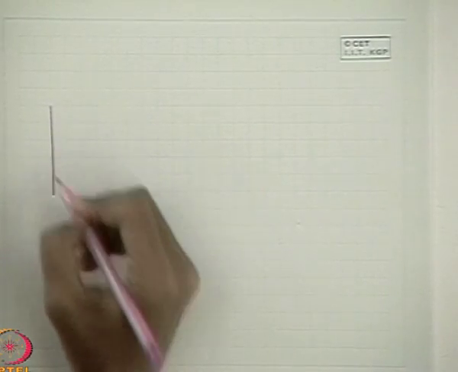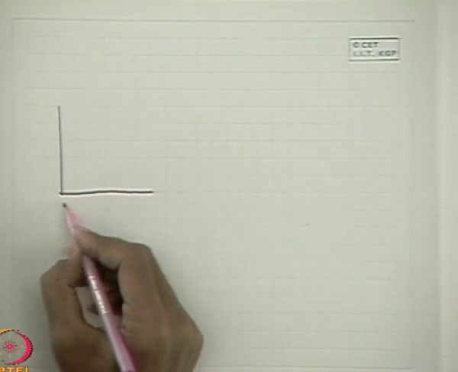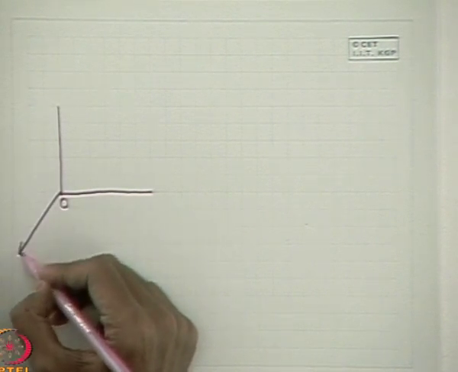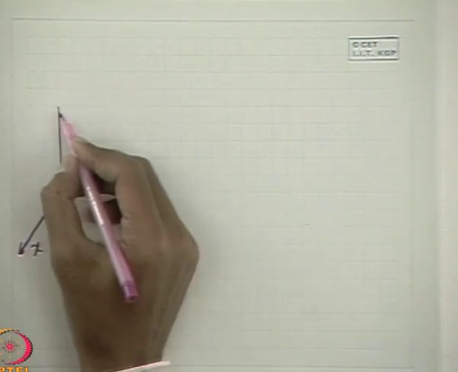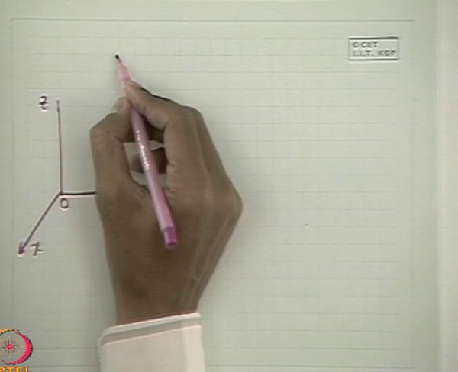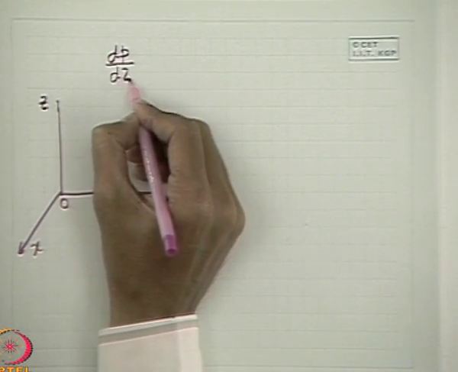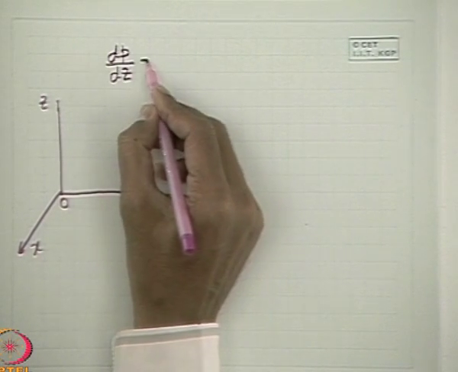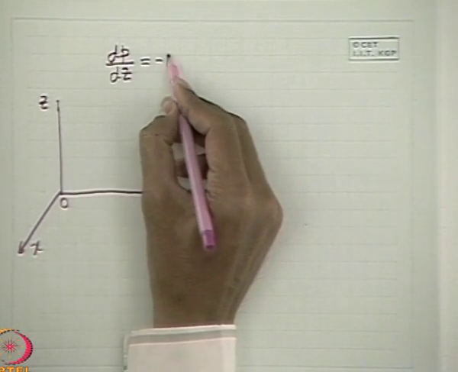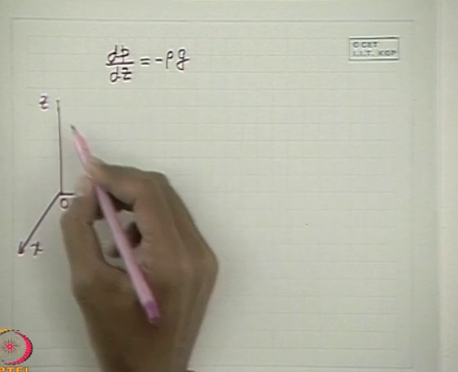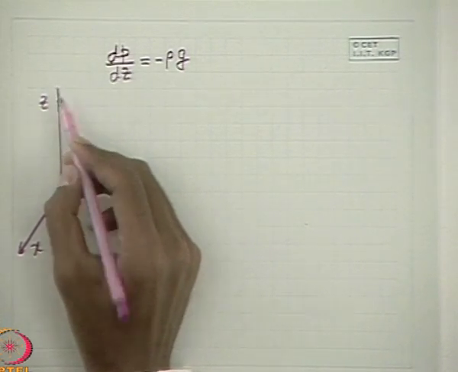And if we now recall this mathematically, with the x, y and z coordinates, the basic equation is dp/dz, that means p is a function of z only, and its slope is given by minus rho into g, provided the body force is the only gravitational force.